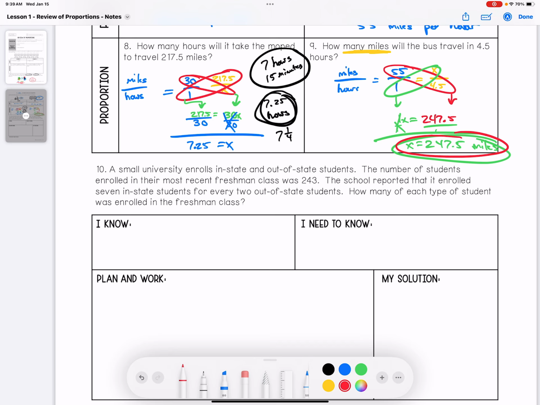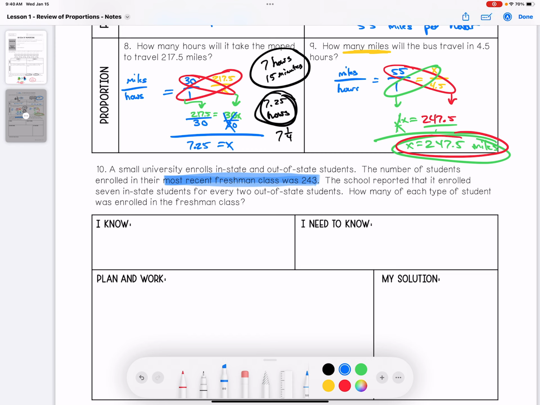Number 10. A small university enrolls in-state and out-of-state students. The number of students enrolled in the most recent freshman class was 243. That's probably something we need to know. How do I make that smaller? There we go. 243.